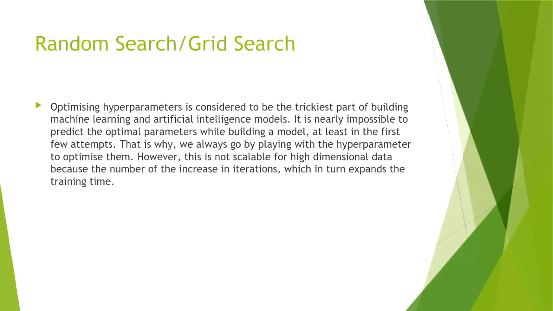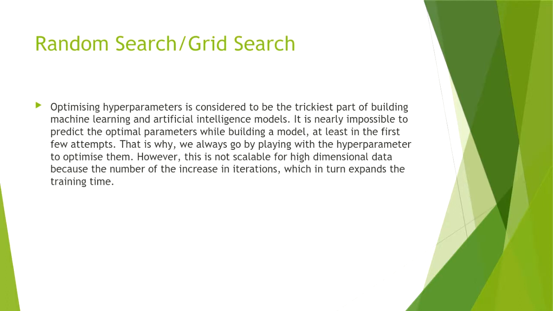And this is why we are saying that you need to play with your hyperparameters to optimize them. However, as the number of iterations increases, your training time also becomes very large.